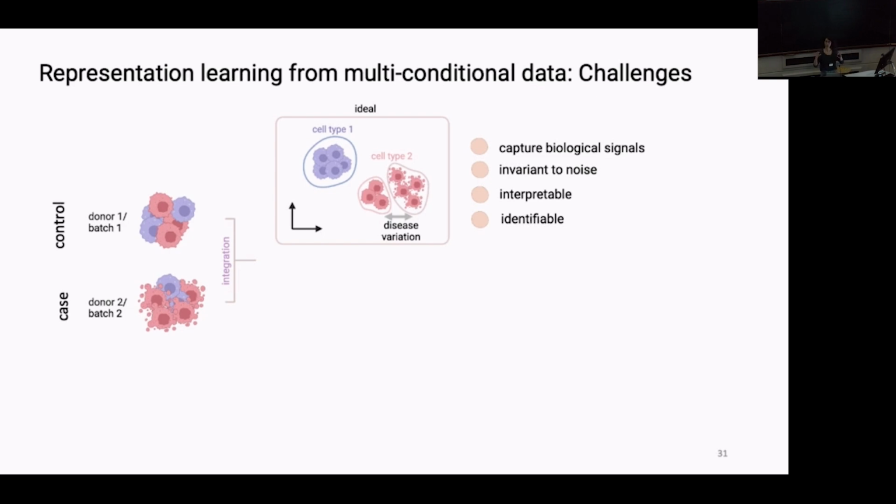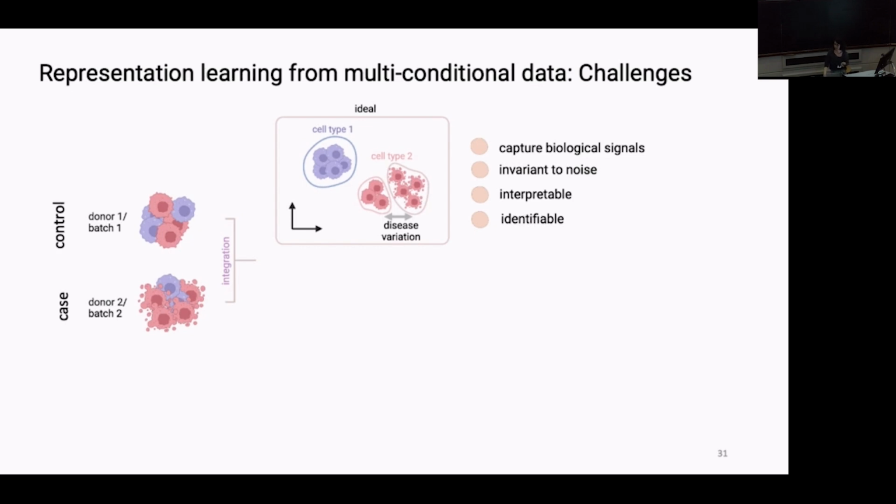So it should be able to learn these disease variations, which we can also call invariant to noise. It's invariant because for this blue cell, it has learned that these cells are very similar, even though there is technical noise between them.